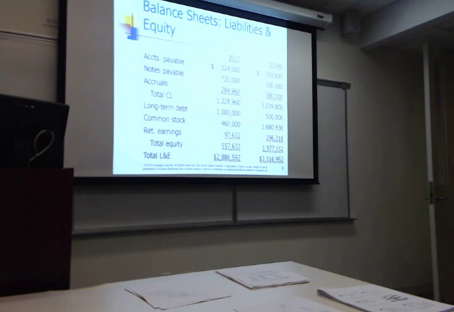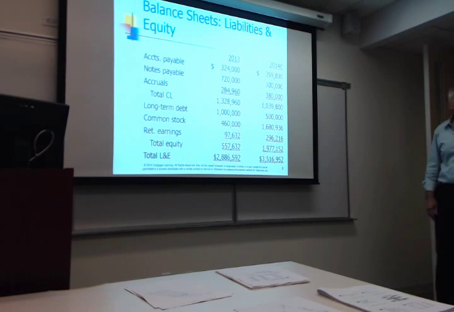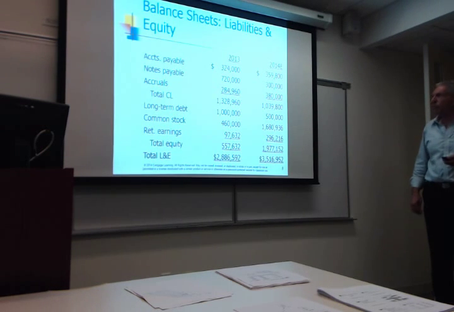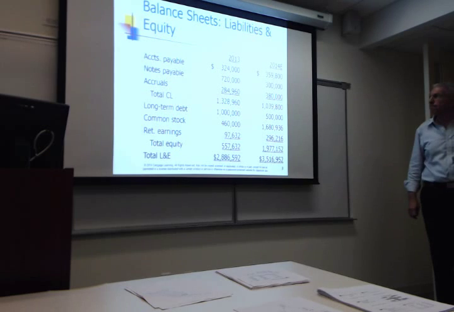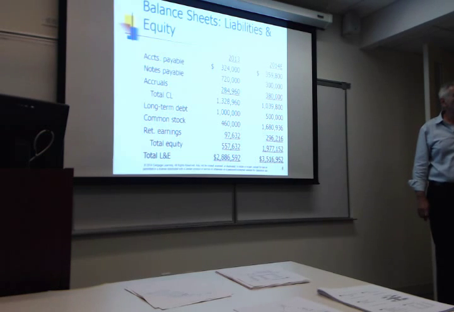Now let's look at the equity side. What do we see are the big jumps here? Notes payable got cut in half. Long-term debt got cut in half. What was the offset?